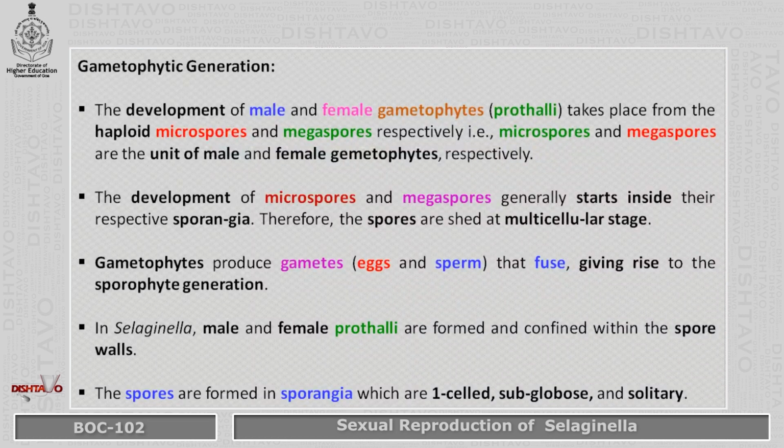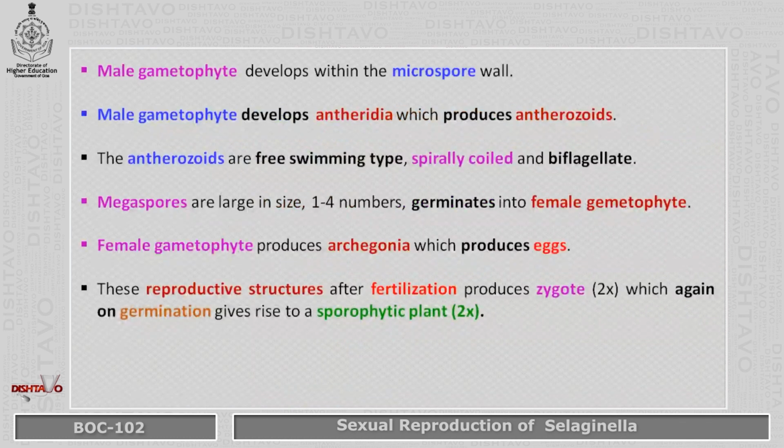In Selaginella, male and female prothalli are formed and confined within the spore walls. The spores are formed in sporangia, which are one-celled, subglobose and solitary. The male gametophyte develops within the microspore wall and develops antheridia, which produce anthrozoids.